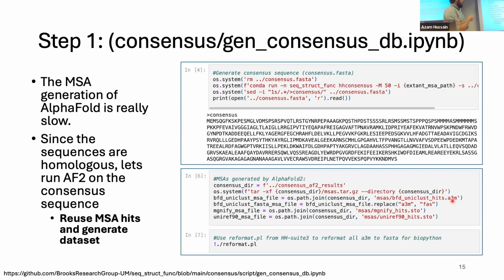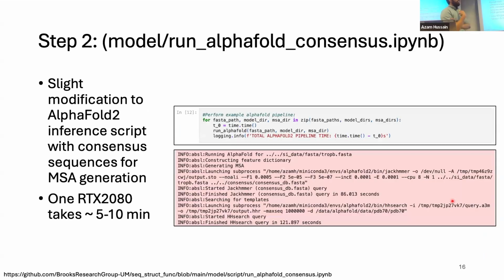Now, talking about actually running AlphaFold, that's the second notebook. We have this dataset of sequences that we're going to use for our new MSA inference pipeline. Instead of the three MSAs that traditional AlphaFold uses, I just took their code for one of the Jackhammer MSA generation steps and run it on my particular dataset.